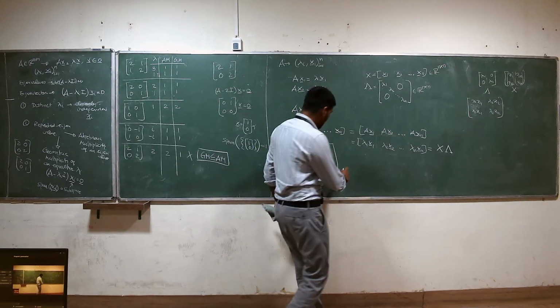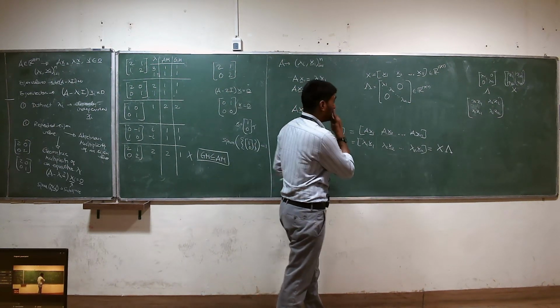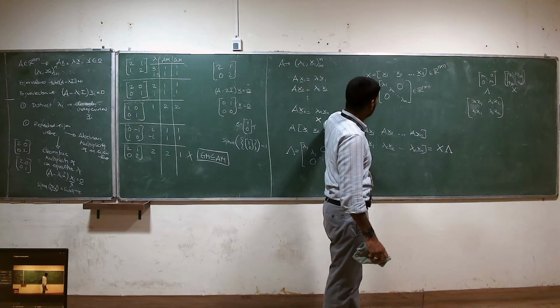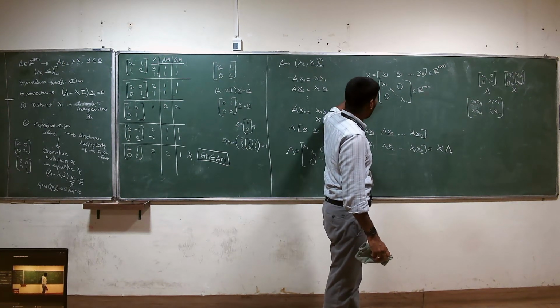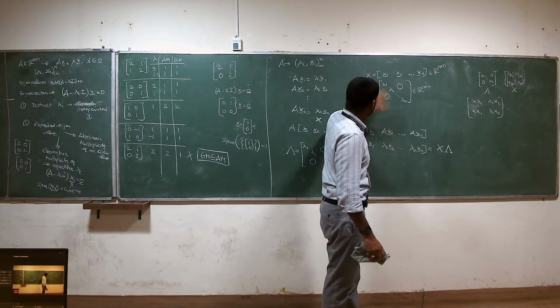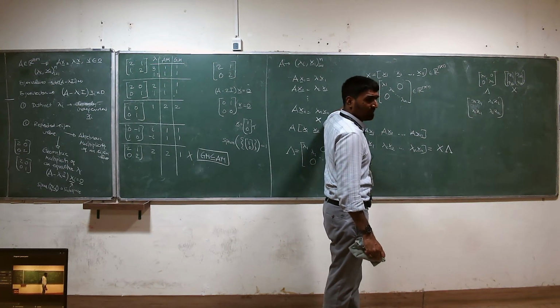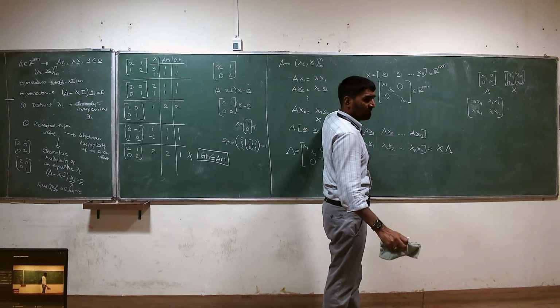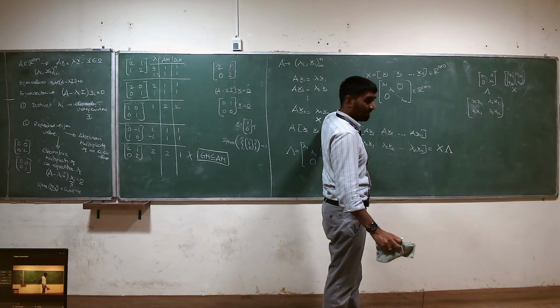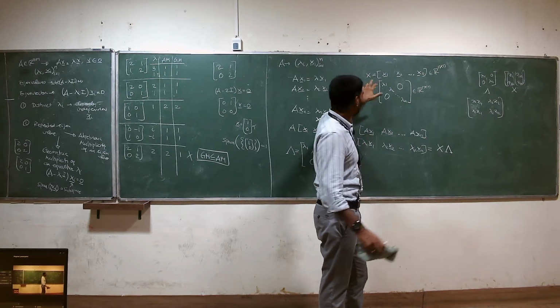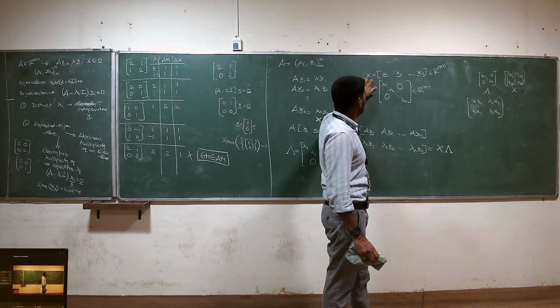If that is still confusing, if you do x lambda, what is the first column of x lambda? Forget about this. What is the first column of x lambda? X. Yes. X1, no, x. What do you mean by x1? X, the matrix x, no?